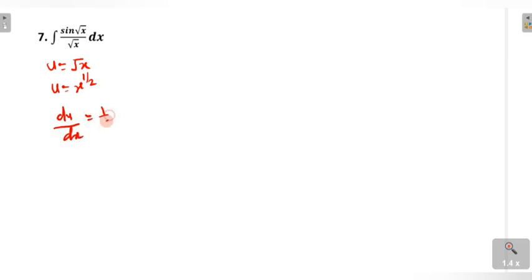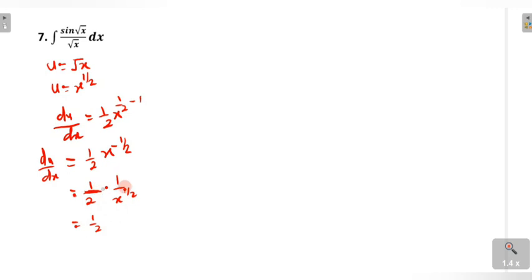When we differentiate this, du dx is going to be equal to 1 over 2 x raised to power minus 1 over 2, which is the same as 1 over 2 times 1 over x raised to power 1 over 2, fractional indices.